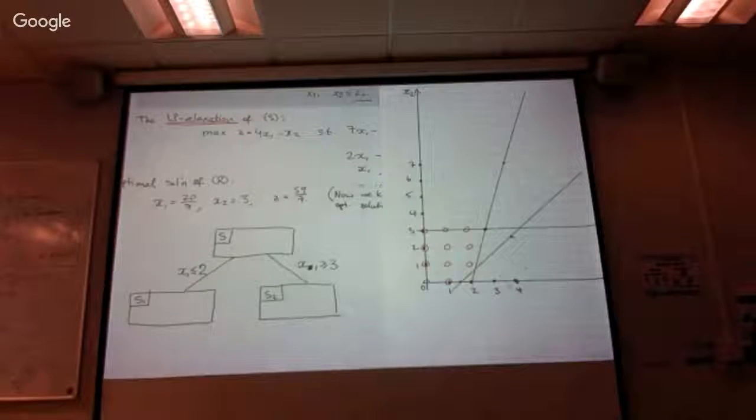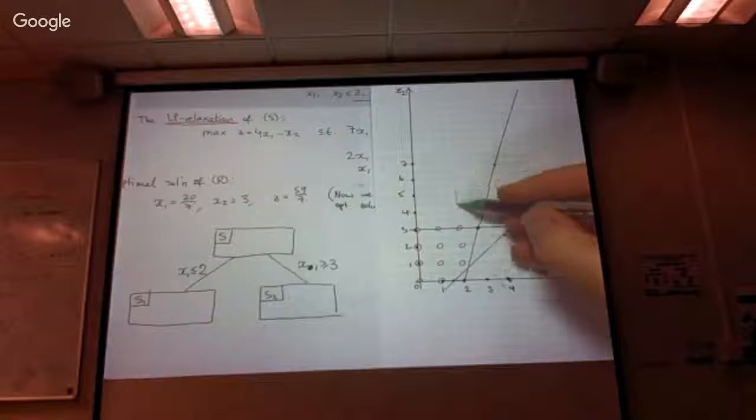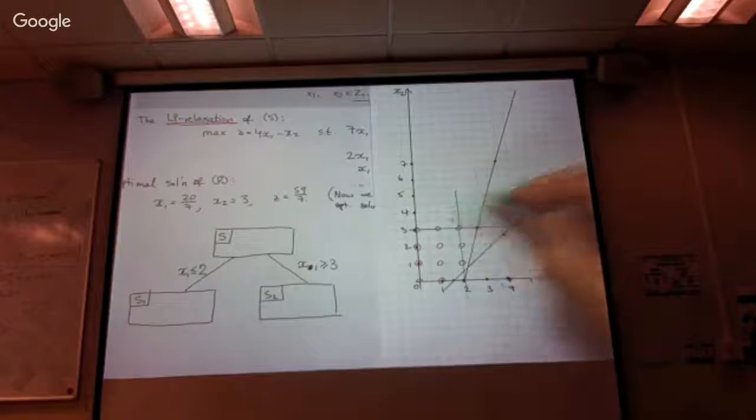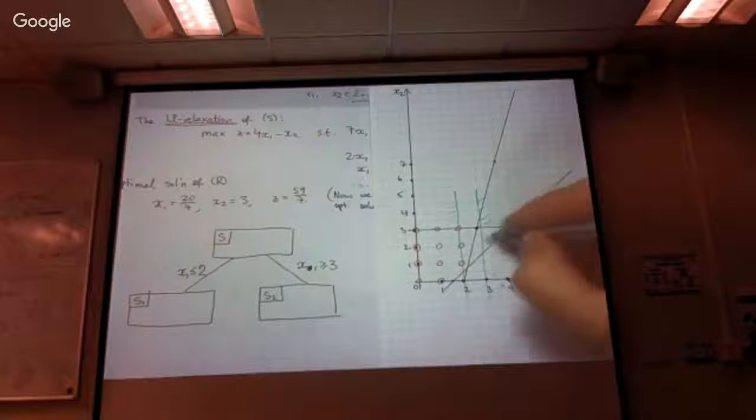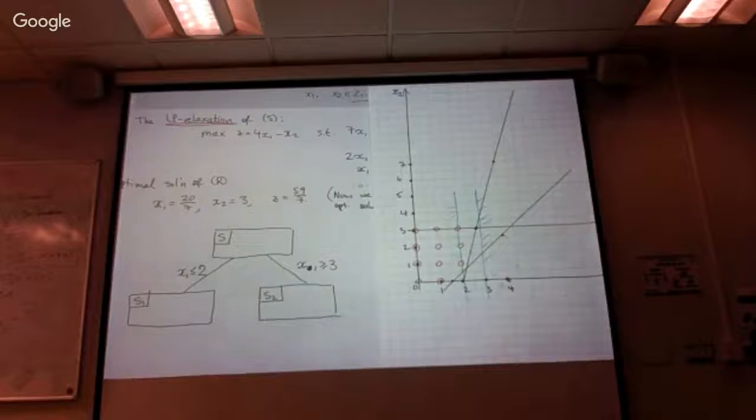So what we're saying is either the optimal solution is to the left of here, or it's to the right of there. In this example, it looks nonsensical, but in general we don't have this picture, so we don't know what's there. This is the branching.